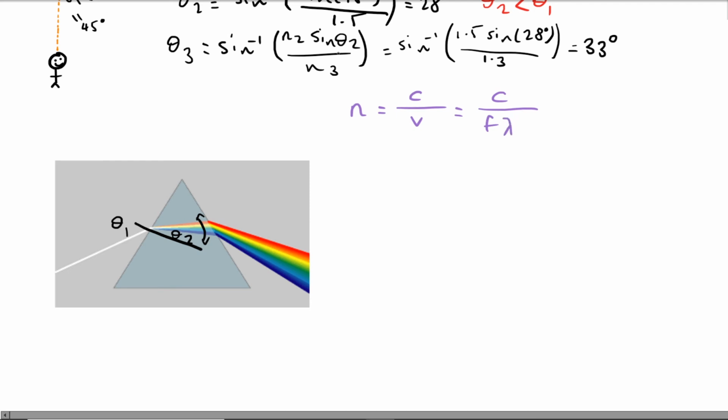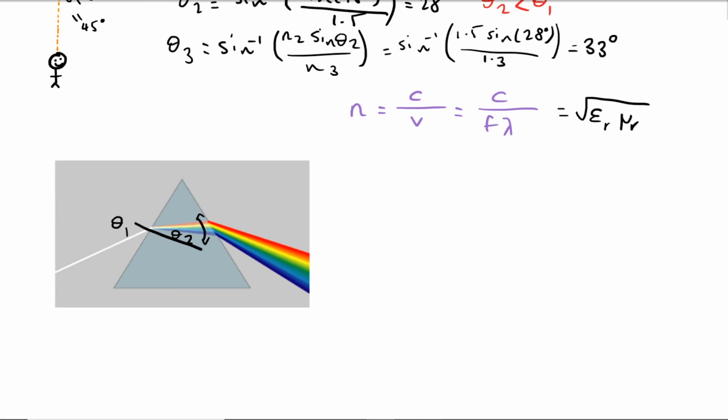But n also relates to the material properties of the medium that the light's traveling through, and it relates to these two numbers, epsilon r and mu r, which stand for the relative permittivity and permeability of the substance. What does that mean? It doesn't matter for our purposes, but it's basically a measure of the electric field within the material.